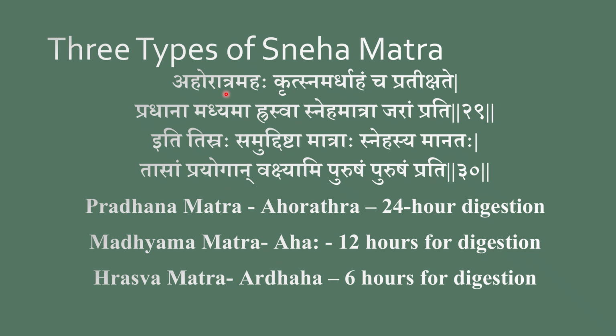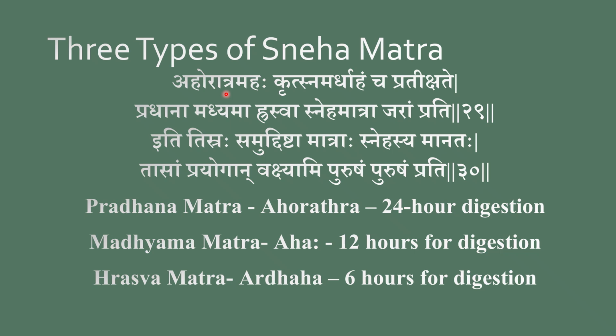So there are mainly three types of sneha matras. One is Ahoratra, that is the Pradhana Matra. Aha means day and ratra means night, so day and night. It includes 24 hours. So 24-hour digestion sneha is the first, and it is known as the Pradhana Matra. The second one is Madhyama Matra, that is Aha.